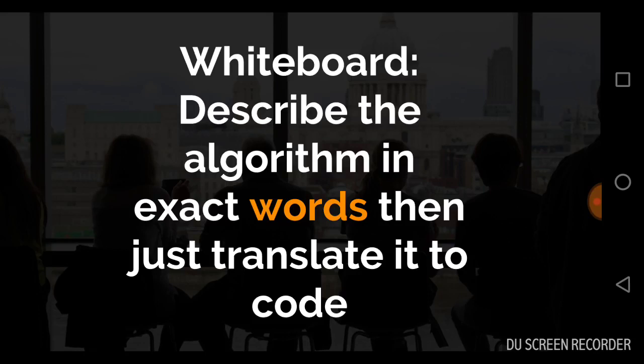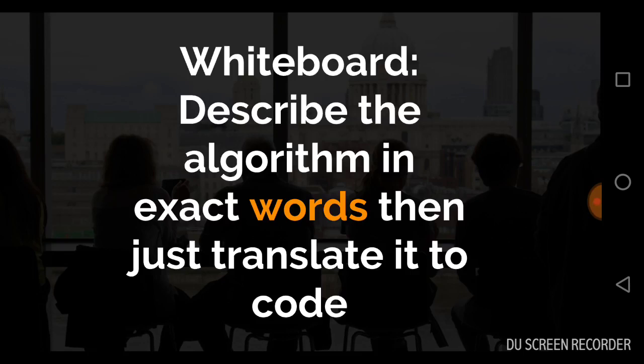What I'm suggesting here is that if you need to write code on a whiteboard, remember that the interviewer is not a compiler, which means you can make some assumptions and make the code easier on the whiteboard. For the writing of the code to be easier on a whiteboard, which is not something you do daily, I highly recommend describing the algorithm in words first.